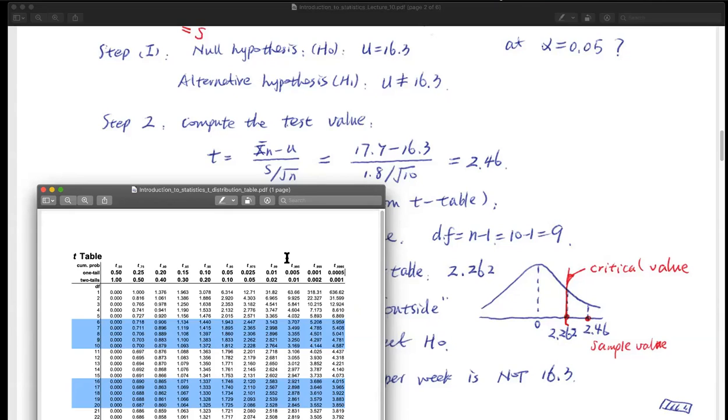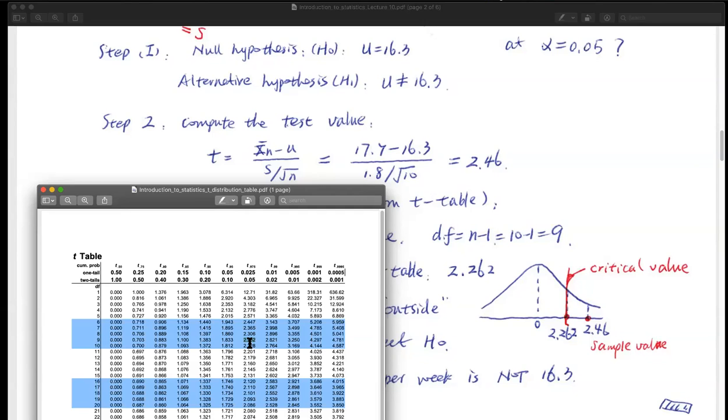Corresponding to the 5% column here, cross this one here. Follow me? 2.262. One more time: we use degrees of freedom, n minus 1, and draw a line across to the column we decided on, because 5% is alpha for 2 tail.